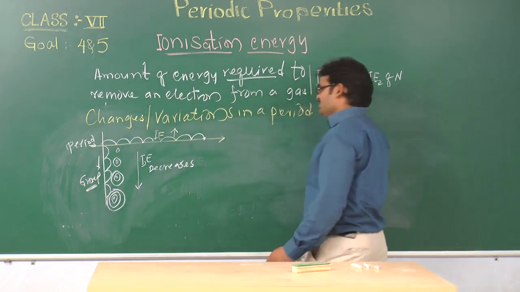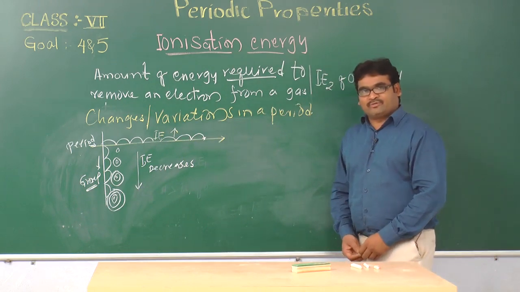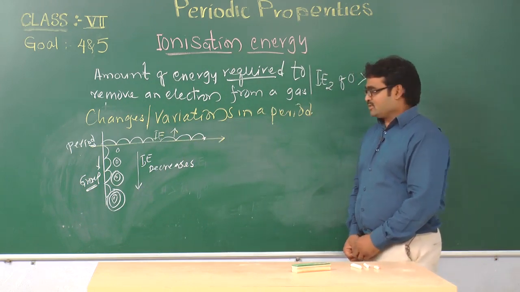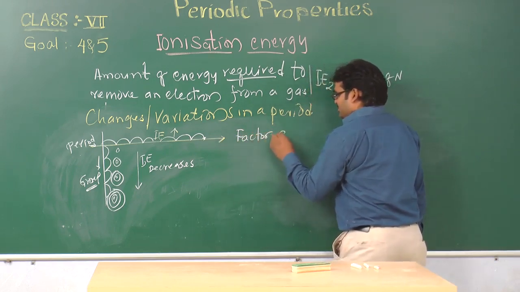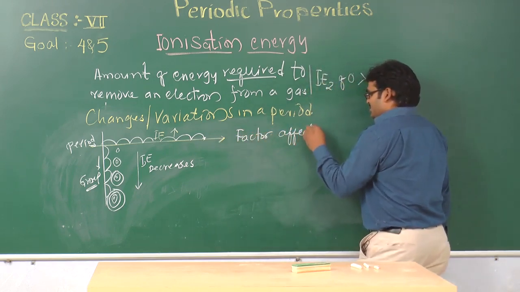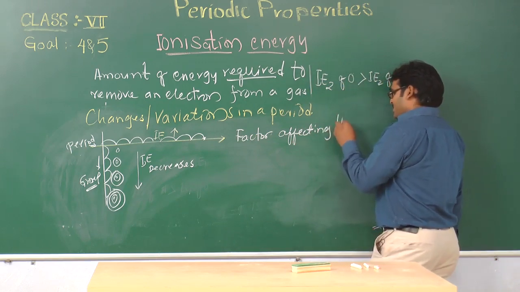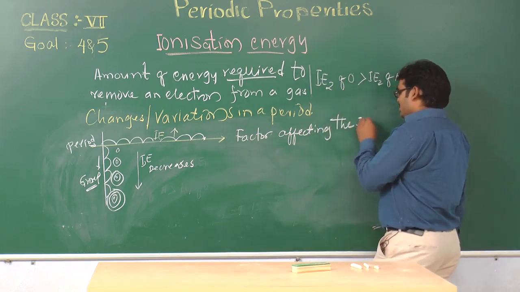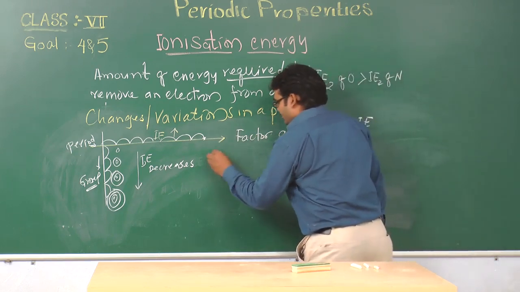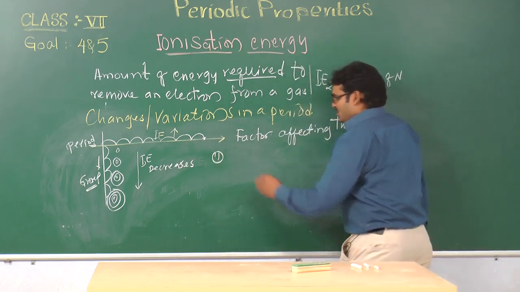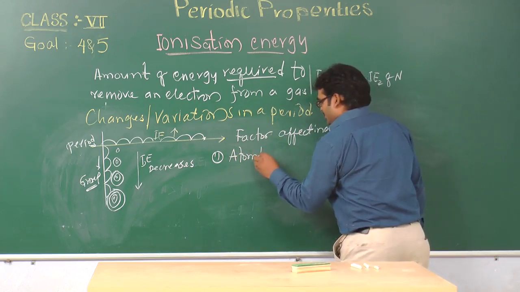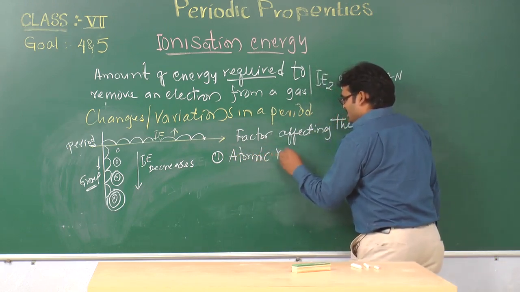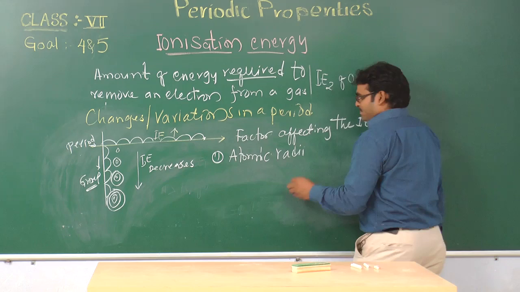But we need to list down the factors that are responsible for this. So, the factors affecting the ionization energy are: first, the atomic size or the atomic radii.